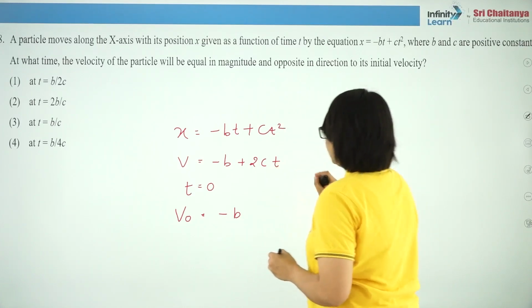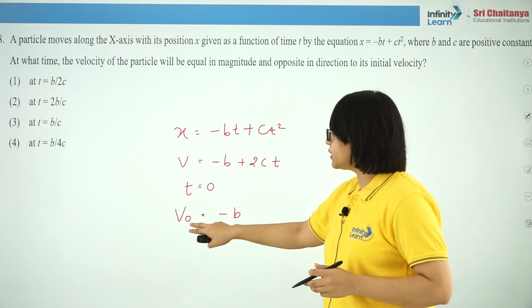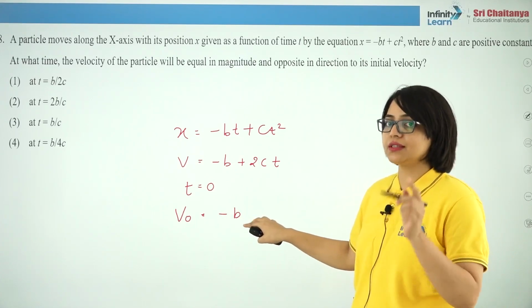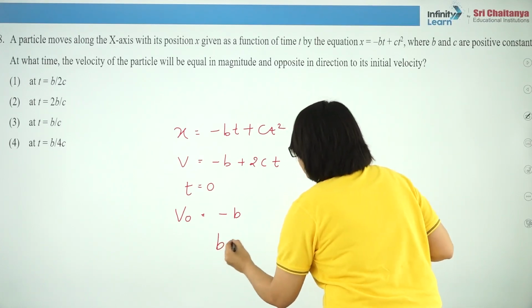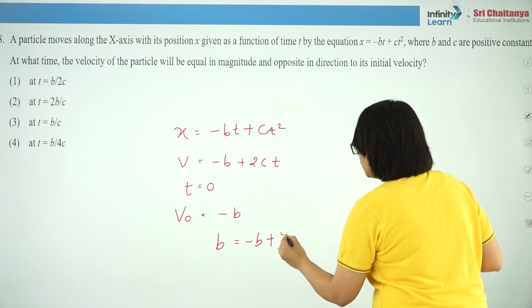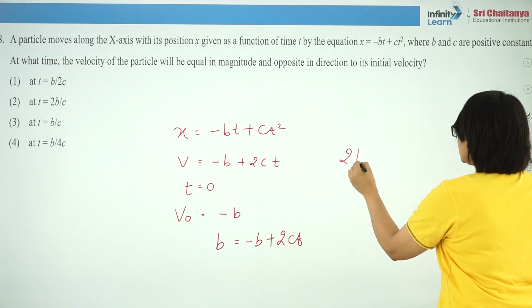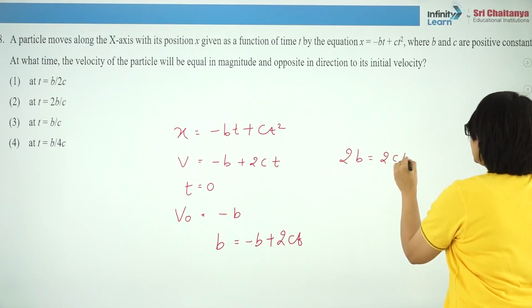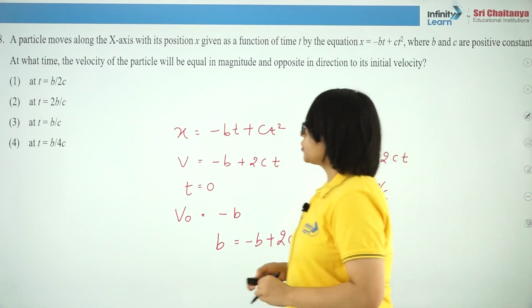Now, we need time at which the velocity will be in reverse direction of v naught. So, if it is minus b initially, it will be plus b at that time. So, velocity is plus b at that time, which is minus b plus 2ct. So, you can see that 2b is equals to 2ct. So, t will be b by c, which is option 3.